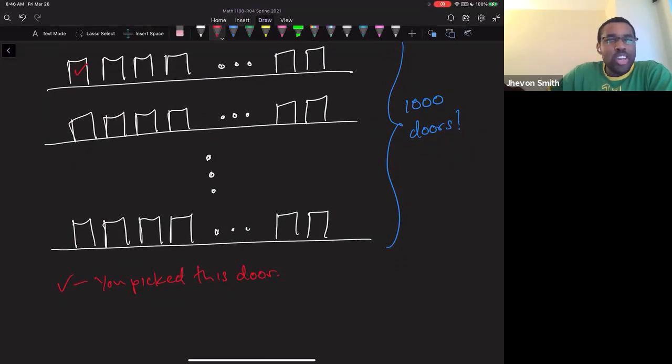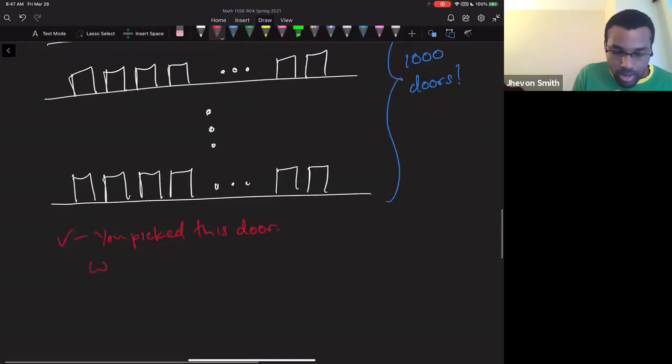What are the chances that you're right? Not great. Chances are you didn't pick the car. Let's be real, you're not that lucky. You have 1,000 options. The chances that you are right is 1 in 1,000. There's a 999 out of 1,000 chance that the car is in one of the other doors.